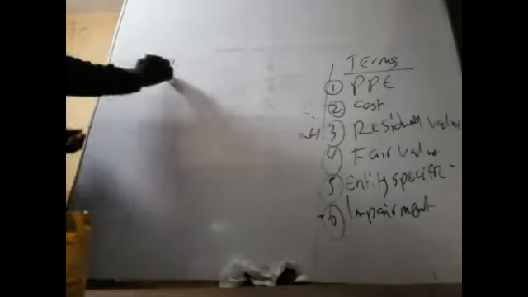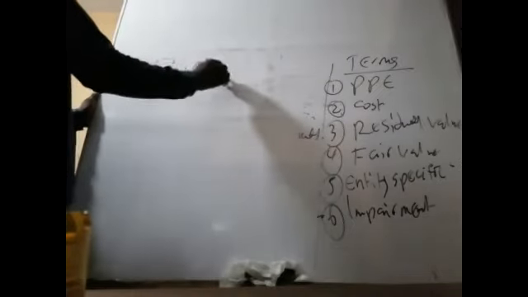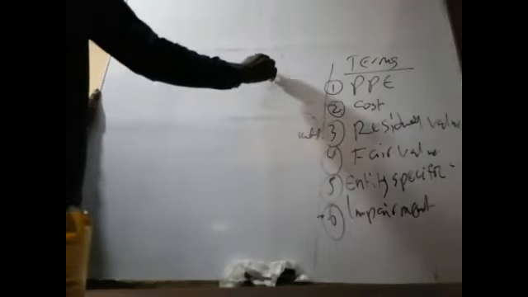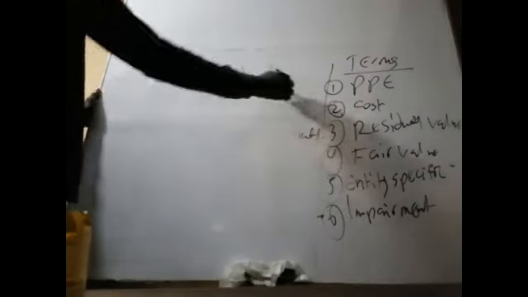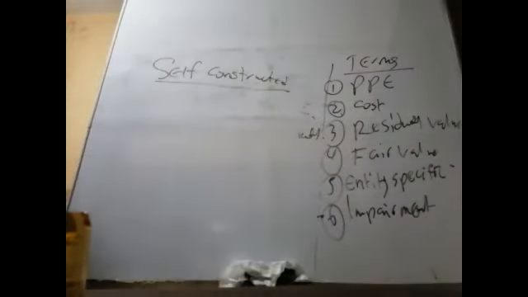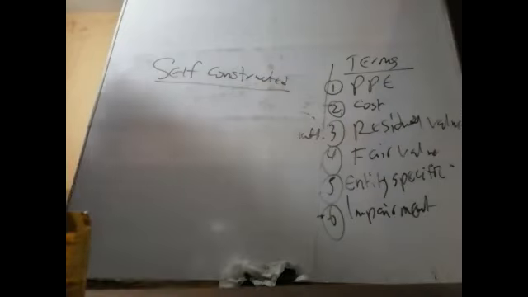And then we have what you call a self-constructed asset. When you talk about self-constructed assets, it's an asset that you constructed for yourself. You did the construction by yourself.